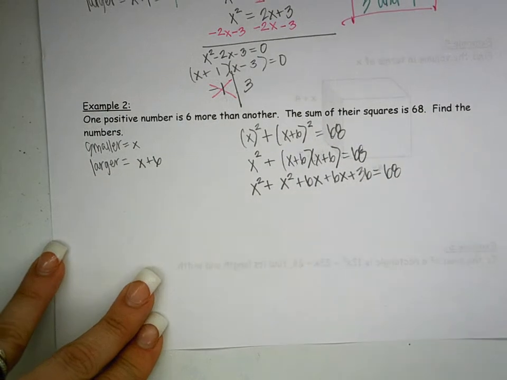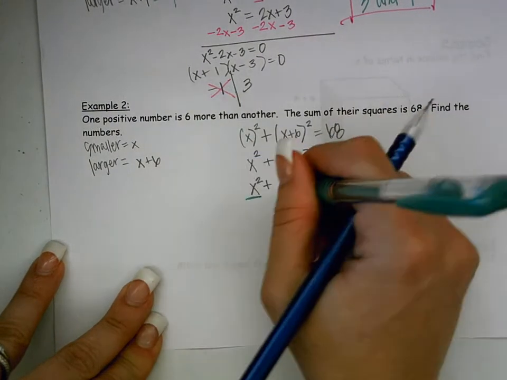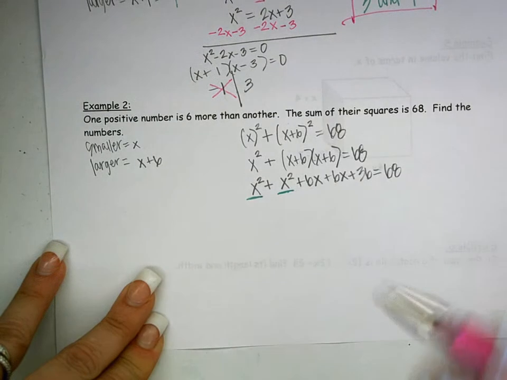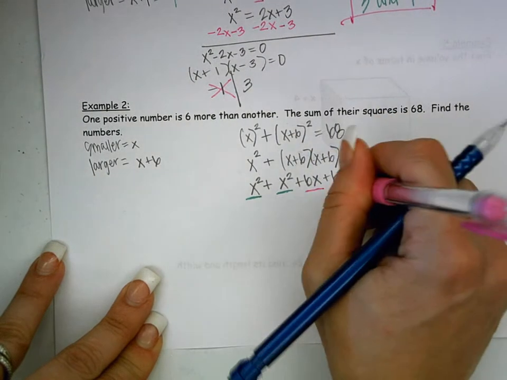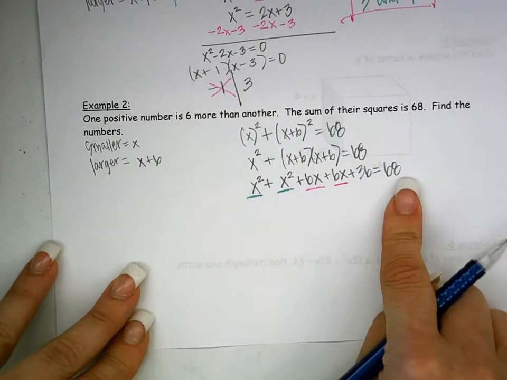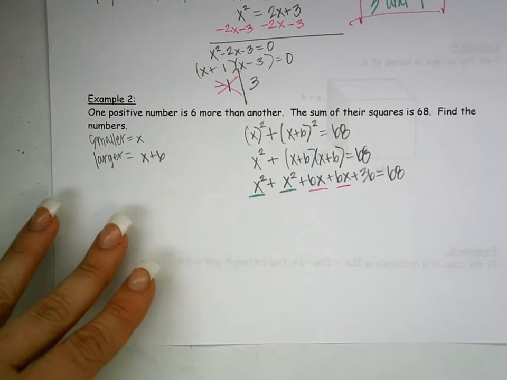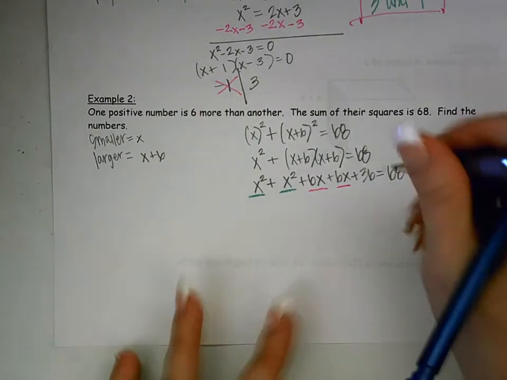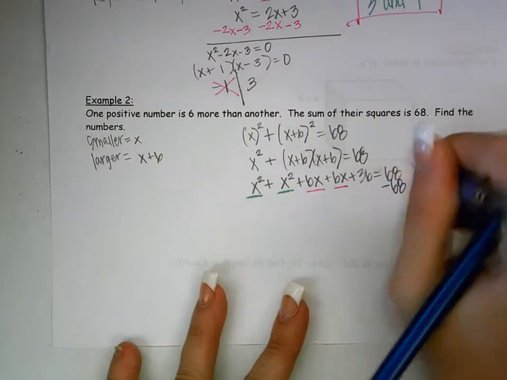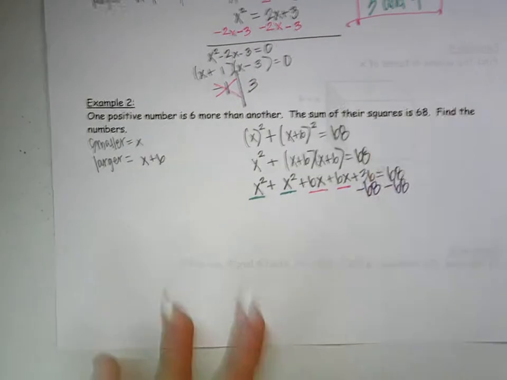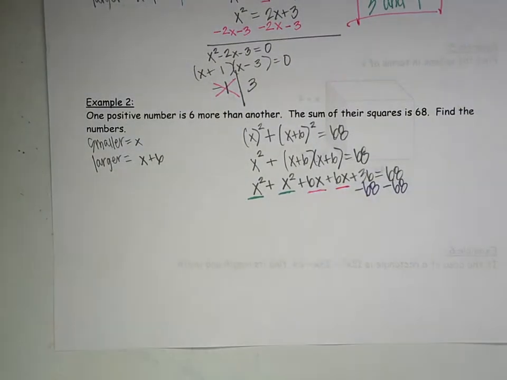Combine like terms: add together your squares, 2x squared, add together the x's, and move the 68. You can move the 68 at the same time because we want everything to equal 0, so the 68 needs to be subtracted. If you choose to do those in different steps, that's fine as well.